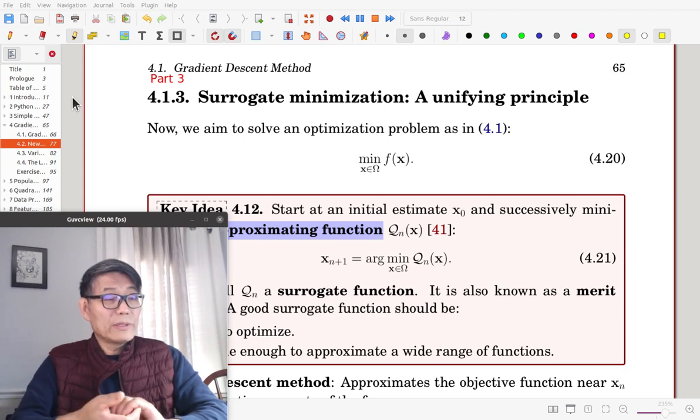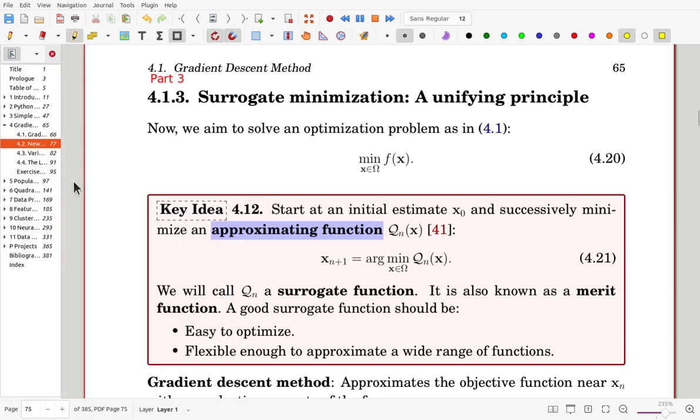Here, we'll try to consider the mathematical background of surrogate minimization. The key idea in the technique is given as follows. Let xn be the current iterate.